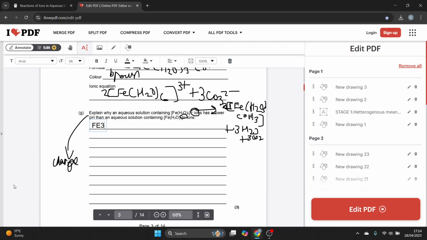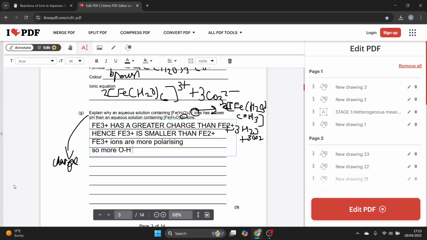I'm going to say Fe3+ has a greater charge than Fe2+, hence Fe3+ is smaller than Fe2+. Therefore, Fe3+ ions are more polarizing, so more OH bonds break.